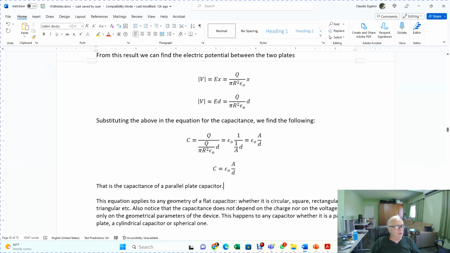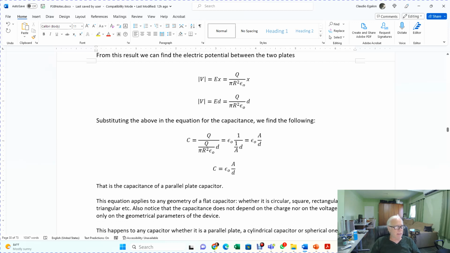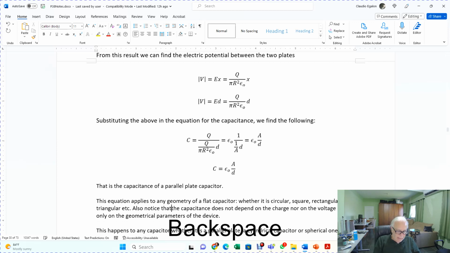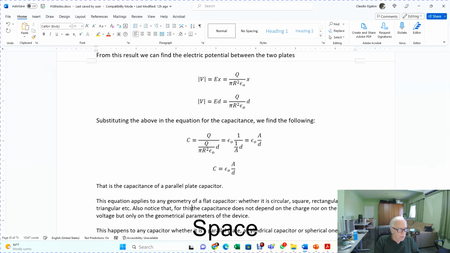And what is important? This equation applies to any geometry of a flat capacitor. Whether it's a circular capacitor, a square capacitor, a rectangular capacitor, or a triangular capacitor. As I mentioned before, the capacitance does not depend on the charge nor on the voltage, but only on the geometrical parameters of the device.